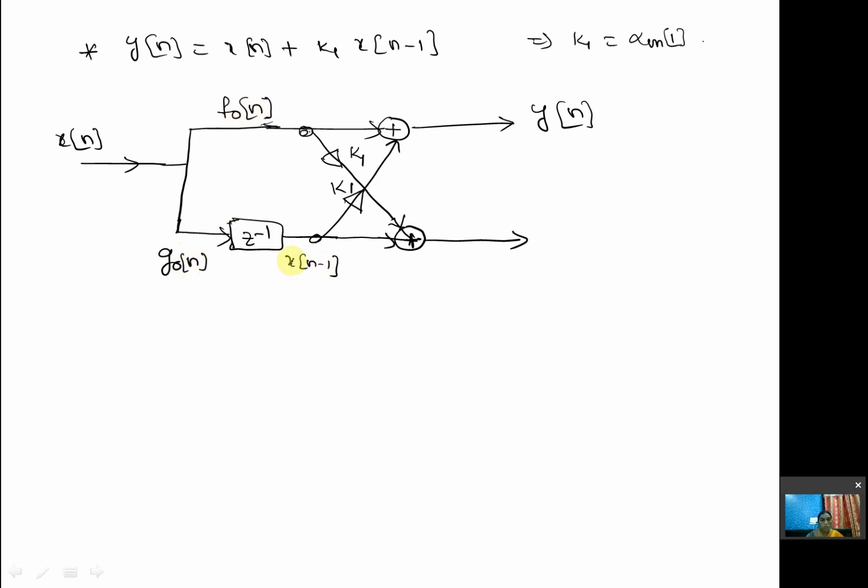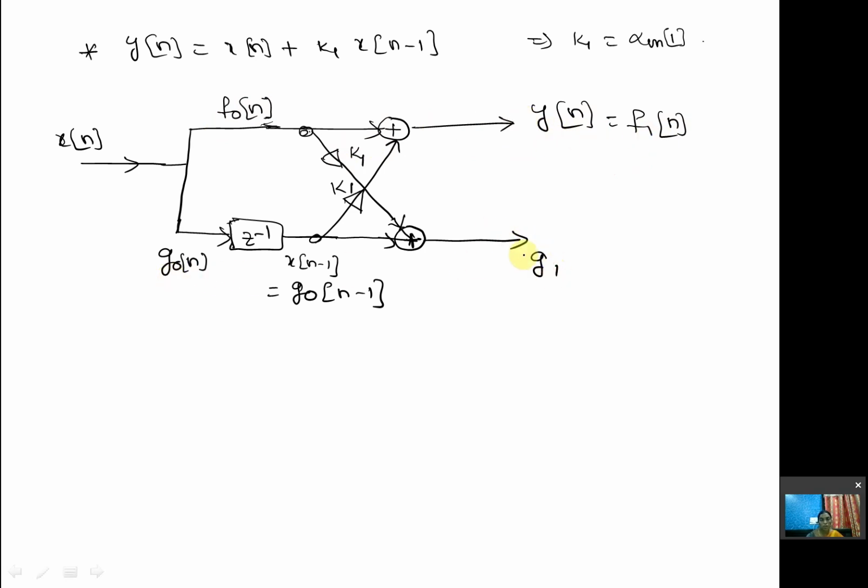Now this is said to be g naught of n minus 1. Okay, am I correct? Now here let it be, this is f1 of n. Since it is a second stage input, here I am taking f naught of n. For the second stage, f1 of n, that means first stage output y of n is nothing but the second stage input. That's why here. So now this is nothing but, what is this?